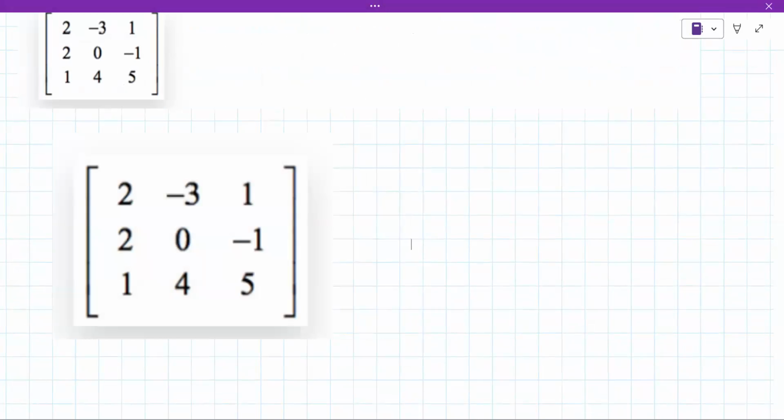The first thing that you do is you rewrite the columns, which doesn't make any sense the first time you say it, but you rewrite the first column. So you put it over to the right, 2, 2, and 1.